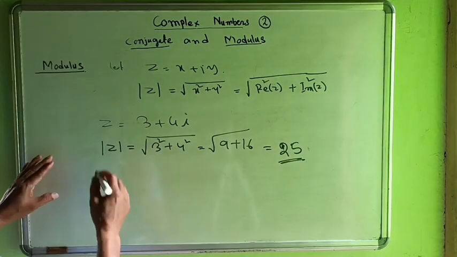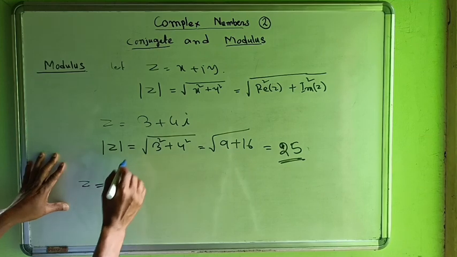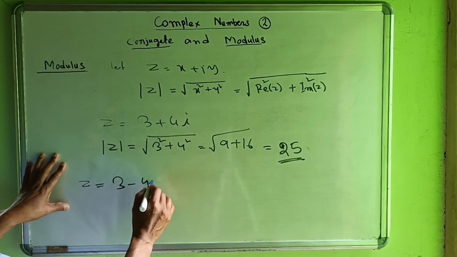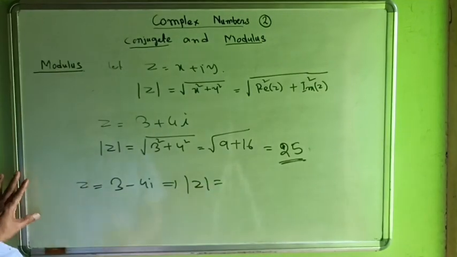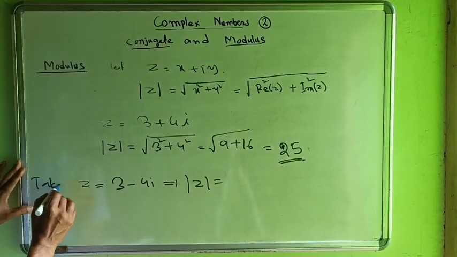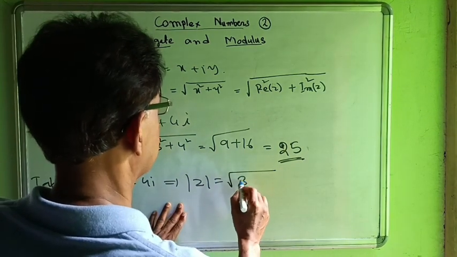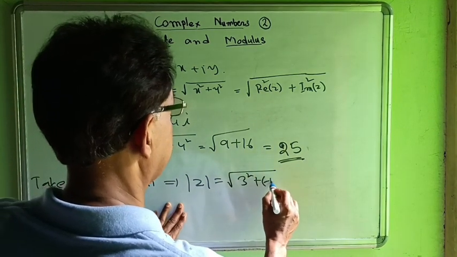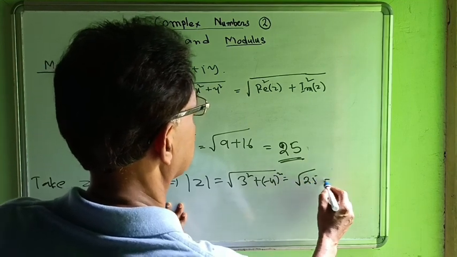Similarly, take z equal to 3 minus 4i. This implies mod z equals the square root of 3 squared plus minus 4 squared, which is the square root of 25, equal to 5.